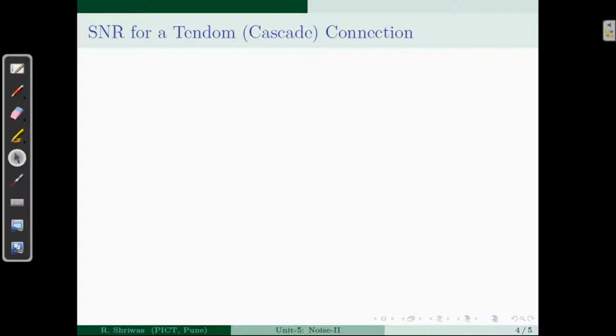Now let's derive the SNR for a tandem or cascade connection. We want to see, when more than one system is connected in series, what should be the overall SNR for such a system. So let's derive this expression of SNR by taking an example of an analog telephone system.